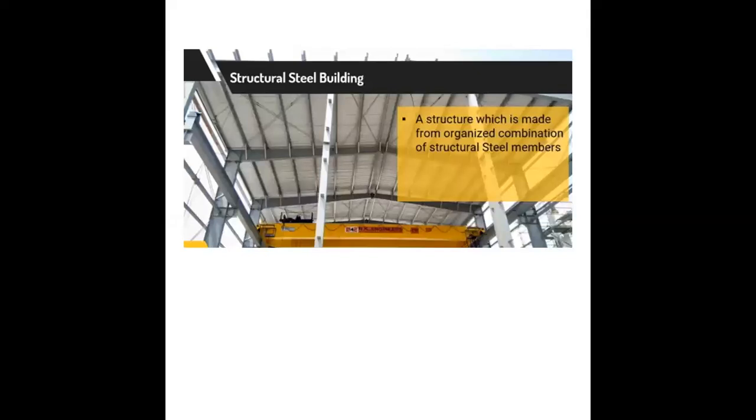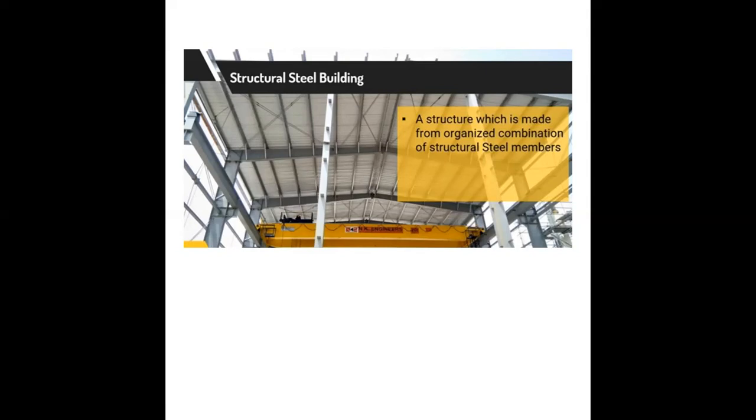And the next one is the structural steel building. Now I am discussing structural steel buildings. They are used in factories, transportation, car factories, and different types of factories.